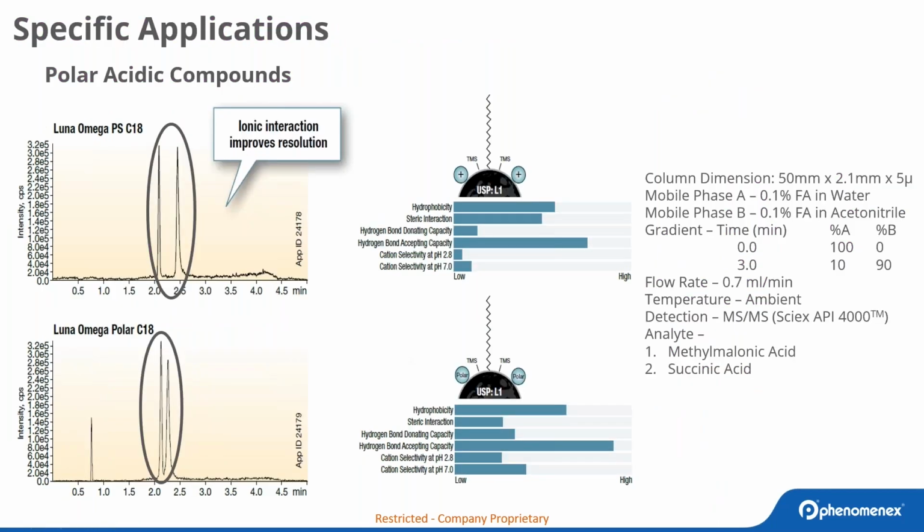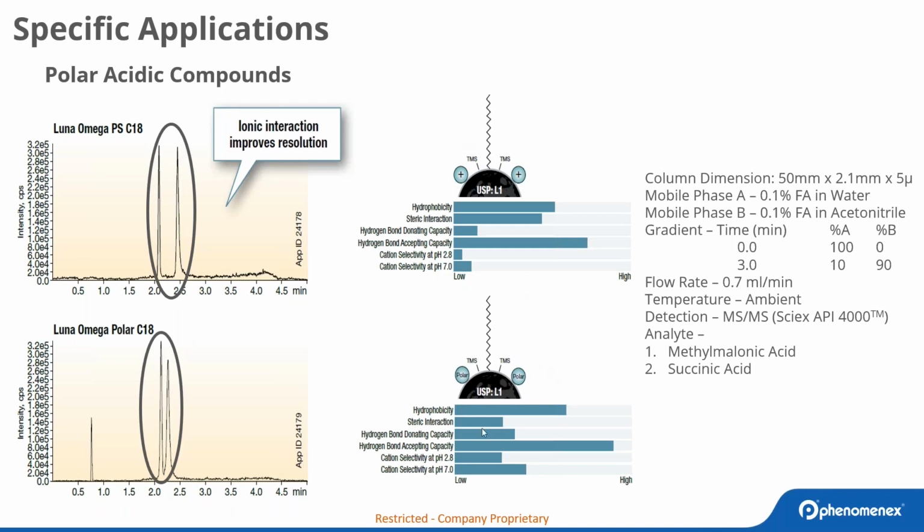Another application we're looking at is polar acidic compounds. Here we have two different stationary phases. We have one with a positively charged surface, where the silica itself has a positive charge integrated into it, and then a C18 ligand with traditional TMS end-capping, or non-polar end-capping.